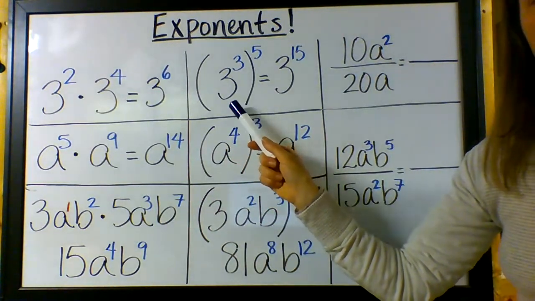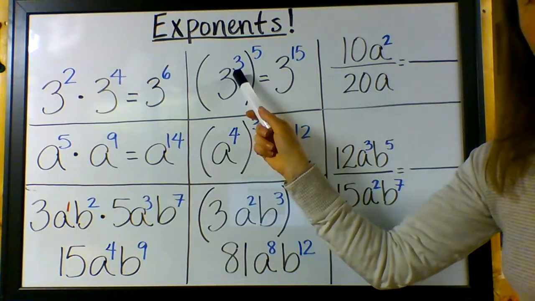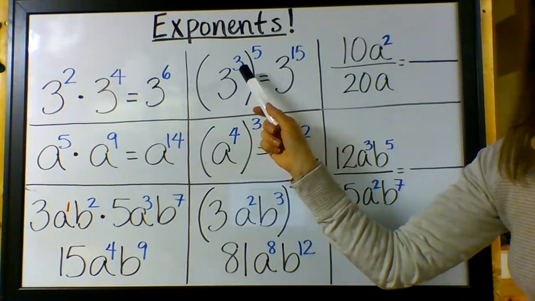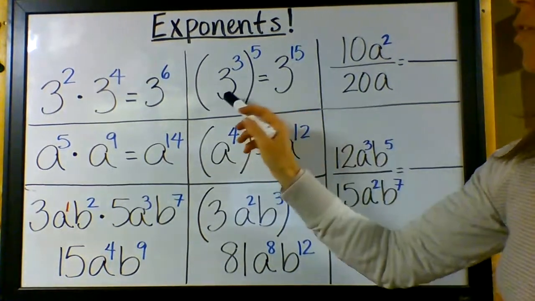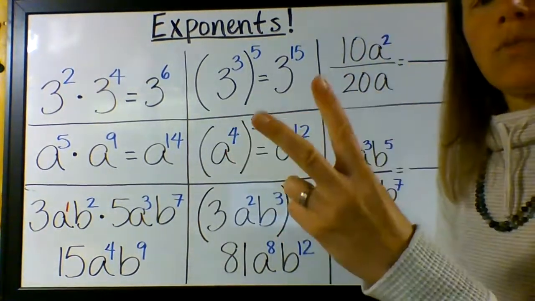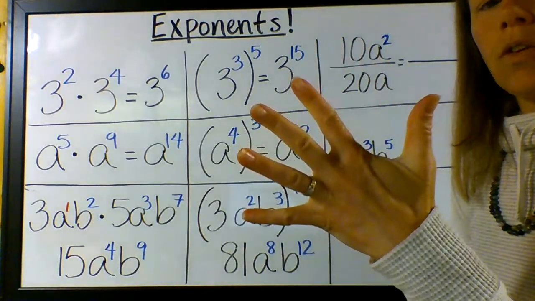If we raise something to a power, either a number or a variable that already has a power or an exponent to an exponent, then we find out that this is the same as 3 to the 3rd times 3 to the 3rd times 3 to the 3rd times 3 to the 3rd times 3 to the 3rd.